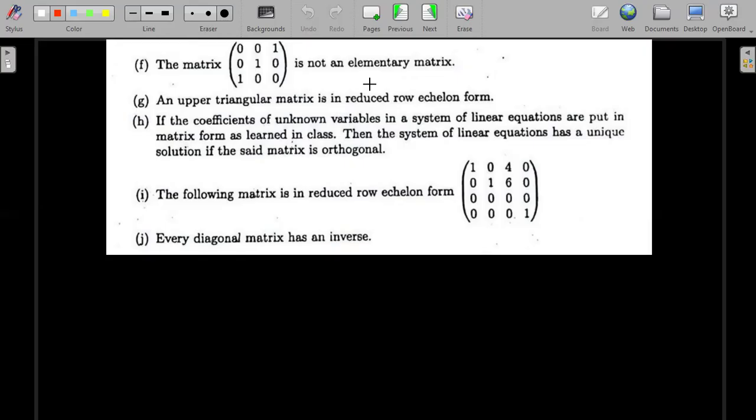Matrix. So they are saying this matrix that has been given here, 1, 0, 0, 1, 0, 1, 0, 1, 0, 0, is not an elementary matrix. So this statement here is actually false, because that matrix there is actually an elementary matrix.